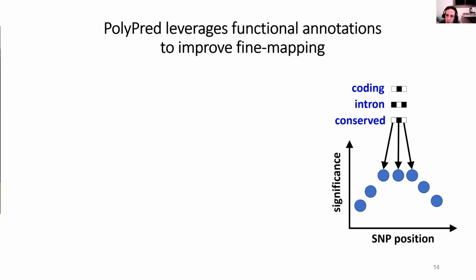Now let's say we know their annotations, and we know that this SNP in the middle is coding and conserved, and the other ones aren't. This gives us pretty strong confidence that this SNP is the causal one. So when we estimate the causal probability, we would be able to prioritize this SNP in the middle over the other ones based on these annotations.